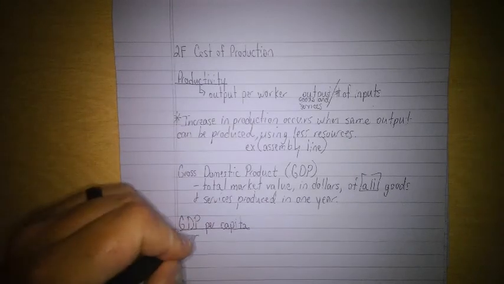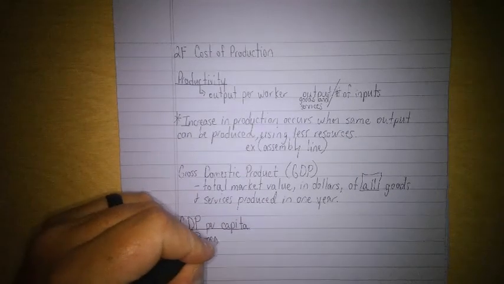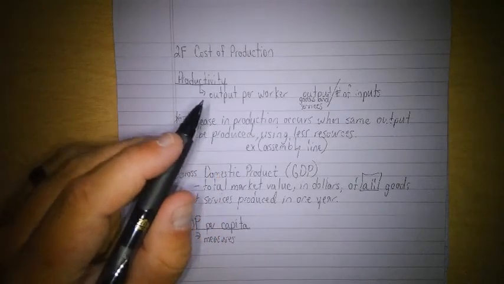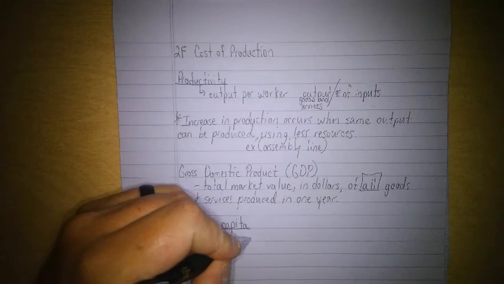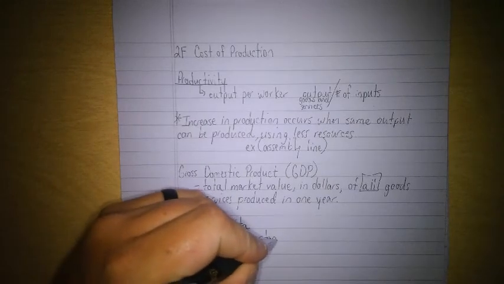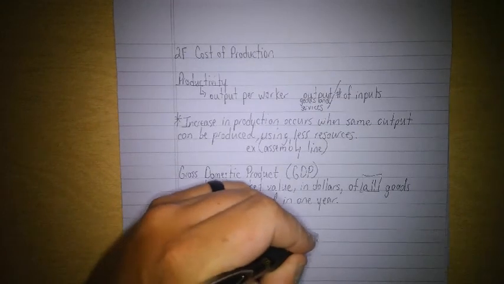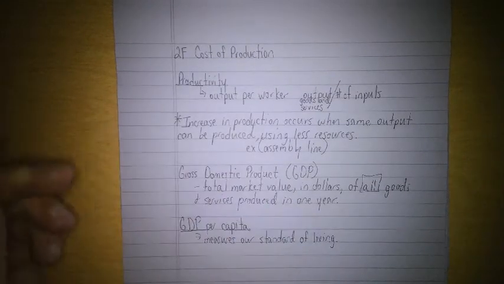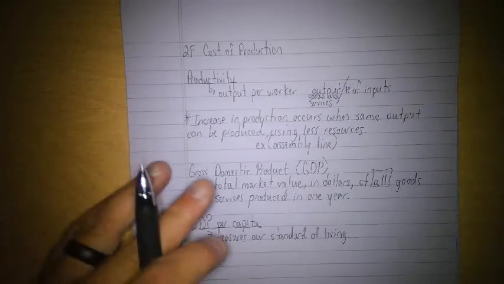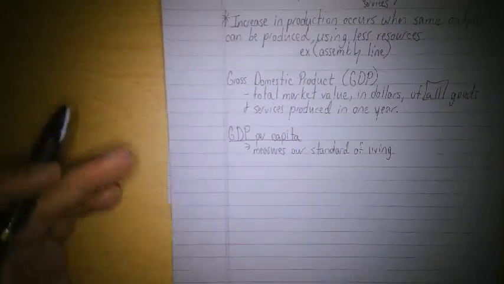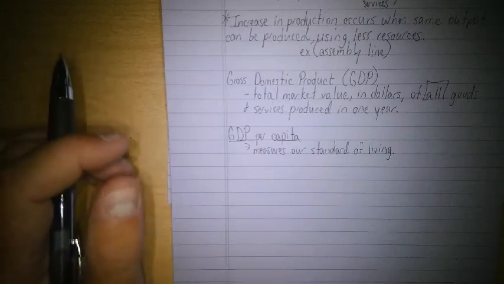Put down first that it measures our standard of living, or a country's standard of living. Now, obviously, guys, the higher this number is, the better off living we have, right? People make more money, produce more things of that nature.